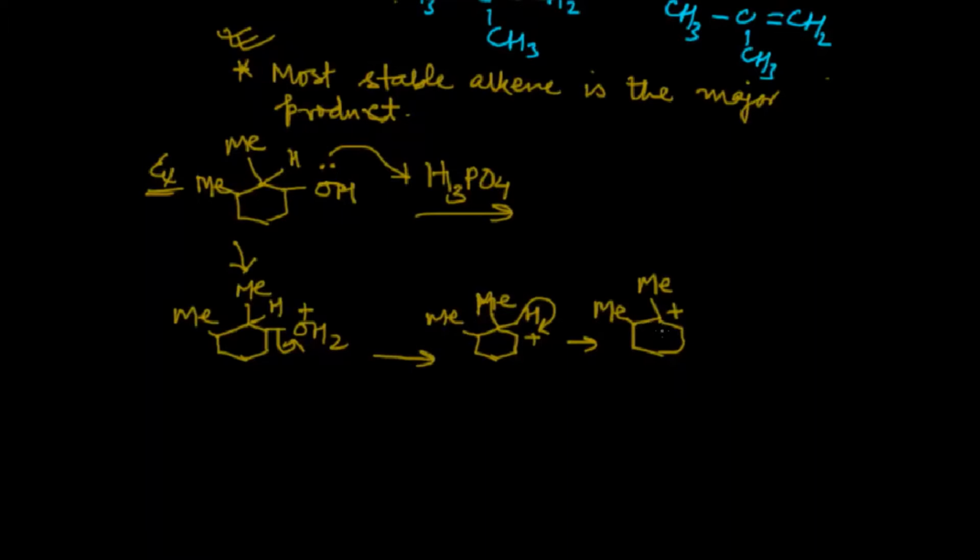So in this particular case we can have alkene formed on either side, so it is leading to different alkenes like this. The first one is this one, double bond, methyl, and here is methyl, and the second one is like this.